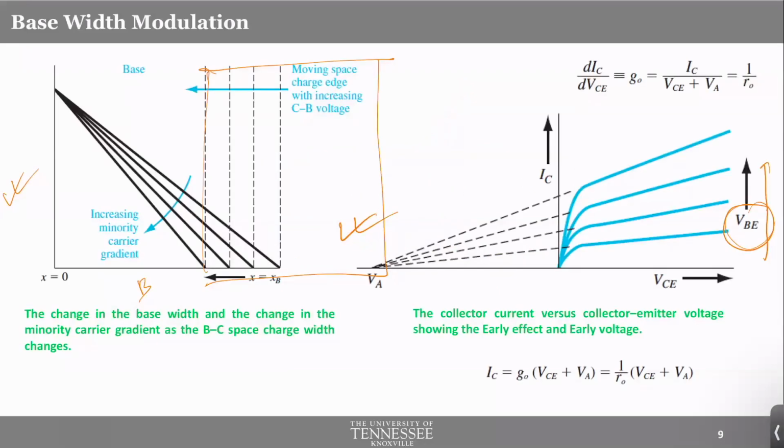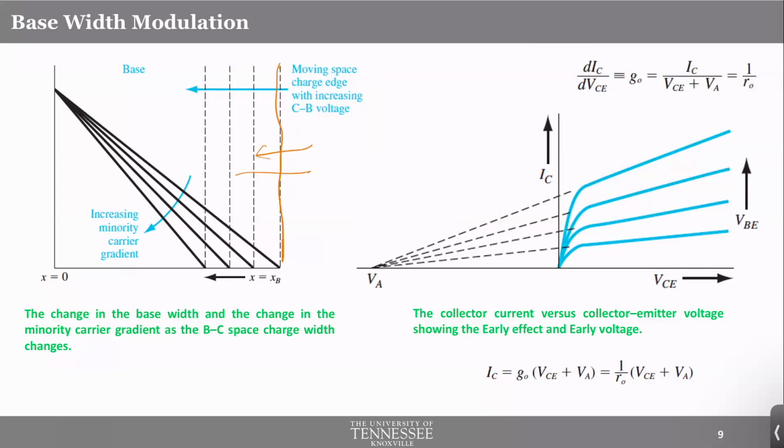If your space charge region increases, your base boundary shifts and the base becomes narrower. So the width of the base changes with VCB. It's not a constant. Despite us considering XB as a constant parameter, practically it is not constant, because the depletion region in the collector base junction can change, and that lowers the effective width of the base.